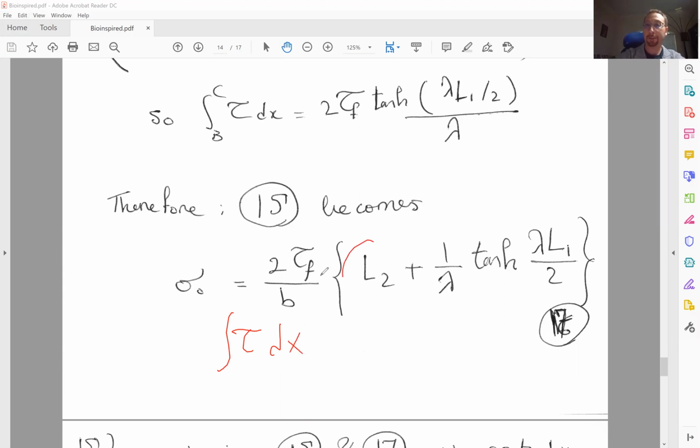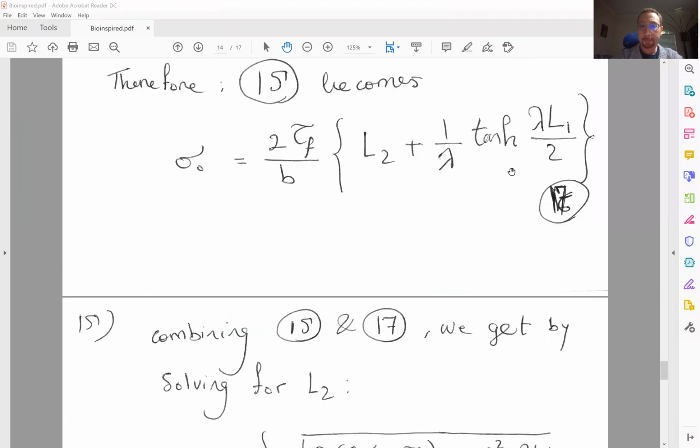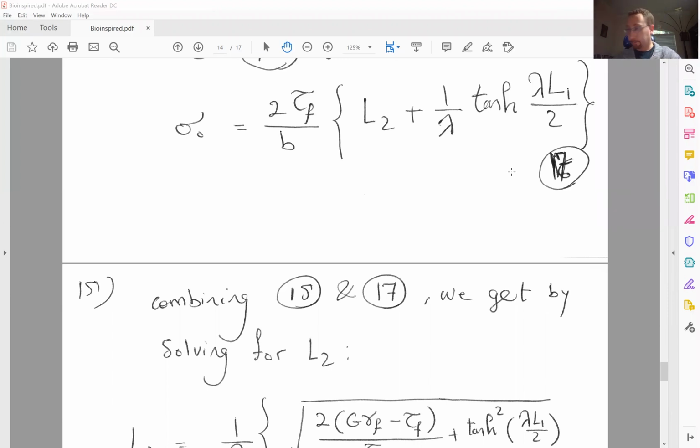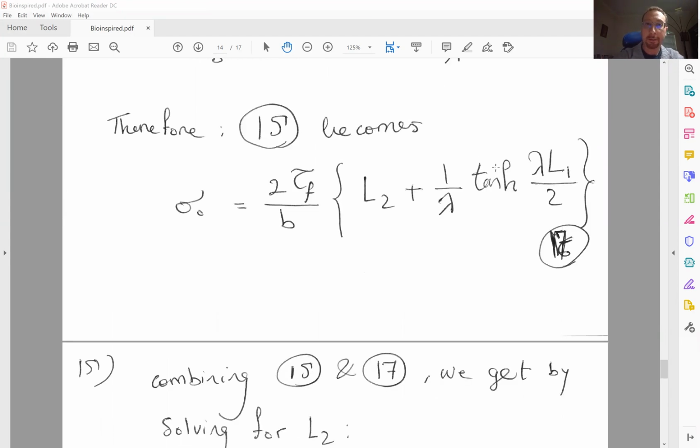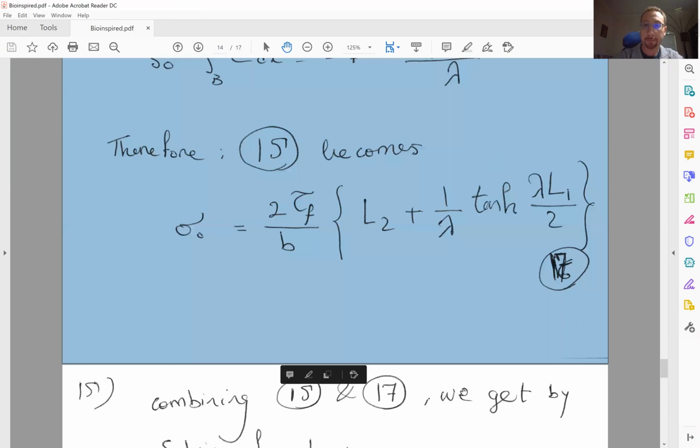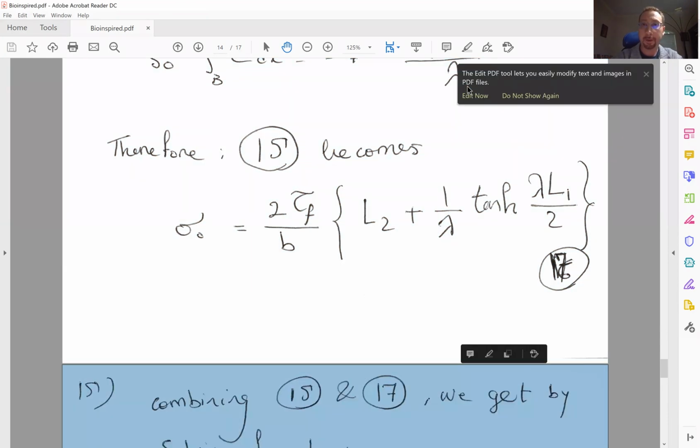This is the plastic region, this is the elastic region, and the failed region is here and not here because it's 0. That's for the failed region. I just wanted to clarify that. And by the way, let me clarify this: this is equation 16. Please modify that in your notes.